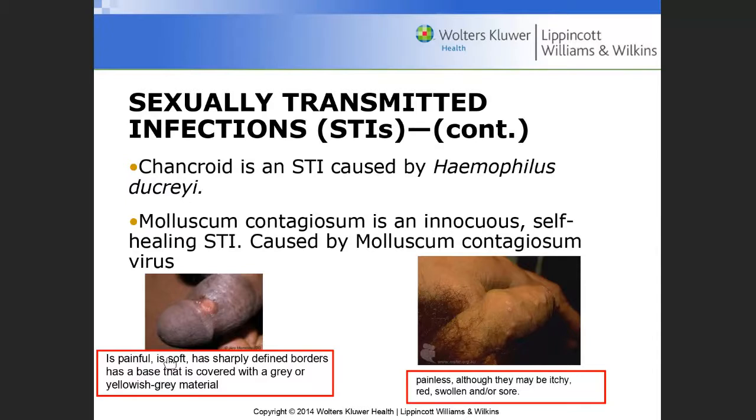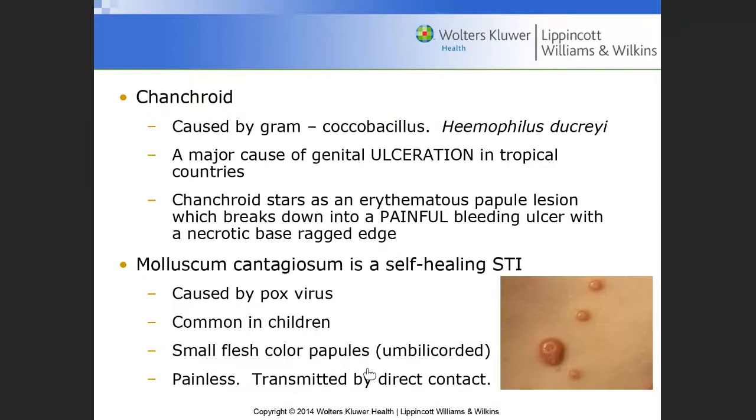Okay, it's painful, soft, has sharply defined borders, has a base, and is covered with gray, yellowish gray material. And in this case, Molluscum contagiosum is caused by a virus. It is itchy, there's redness, and sometimes it could be very sore. All right, chancroid can actually break and cause ulceration, if you will.